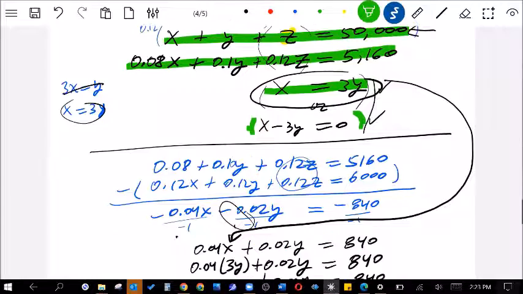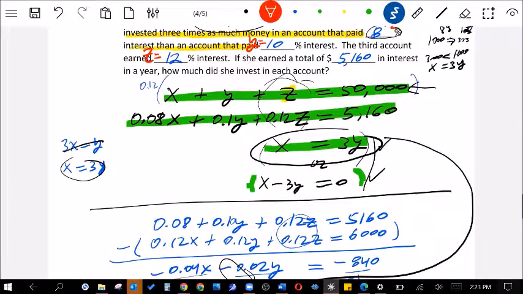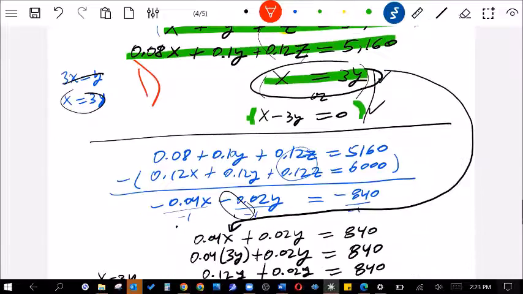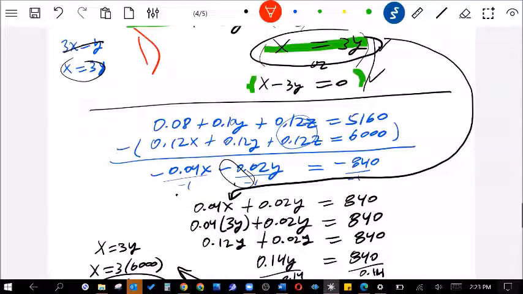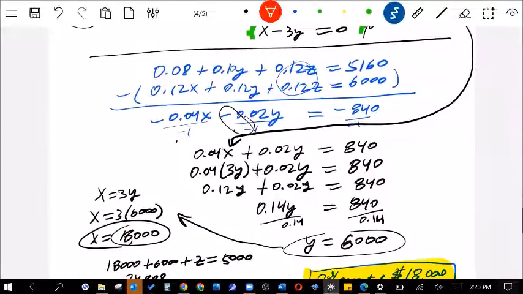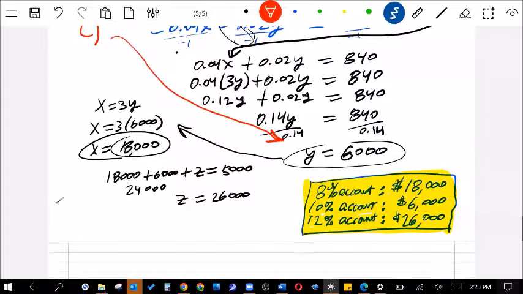Okay. So that was sort of the first thing to do, was to make the equations. Second thing to do was to solve it down to get to one of the variables. And the third thing to do was to use that to get the other variables. And then finally to specifically answer the question with them.